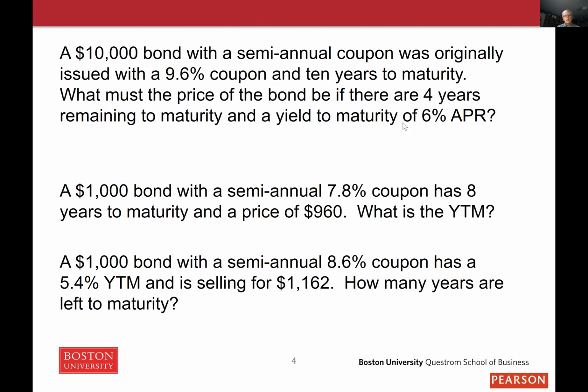And what I've done is set them up so that we've got one that's asking you for a price, one that's asking you for yield to maturity, and one that's asking you for N. So it's sort of getting you to think in all those different directions at one time.